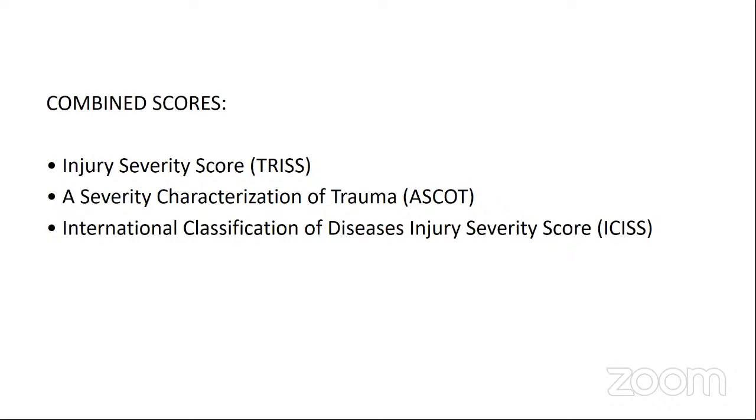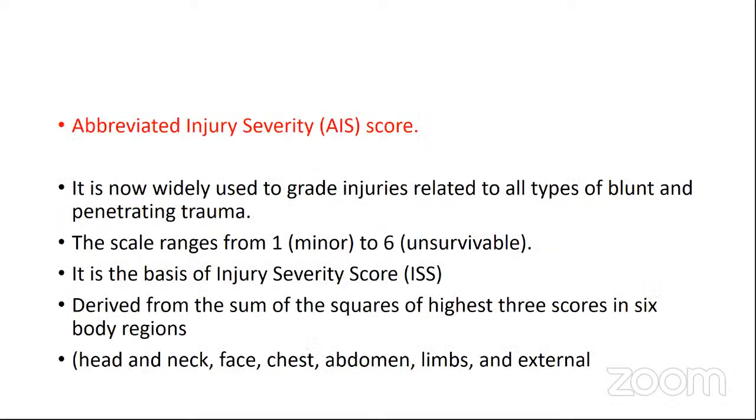Now to the important scoring system. The abbreviated injury scale is an anatomical scoring system, and it was initially used to score soft tissue injuries, but nowadays it is widely used for injuries related to all types of blunt and penetrating trauma. The scale ranges from 1 to 6, where 1 is minor trauma and 6 is unsurvivable trauma.